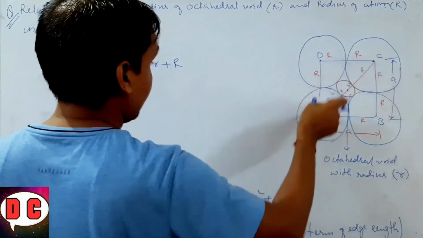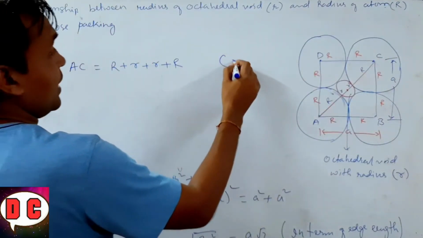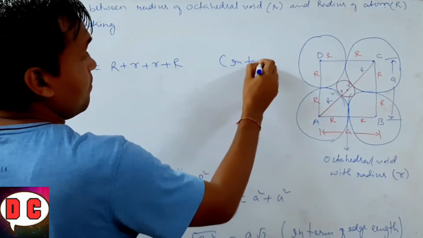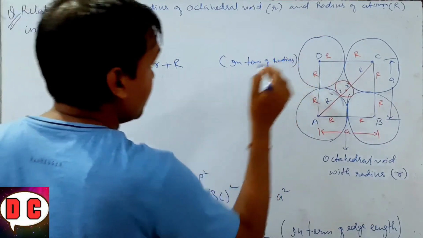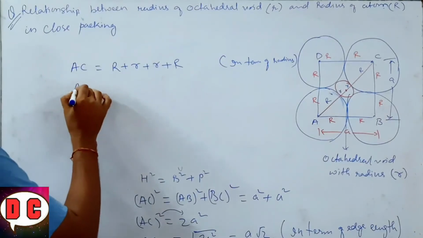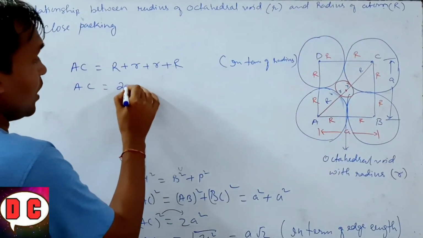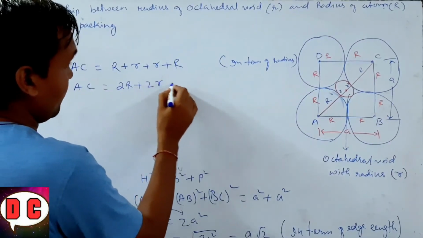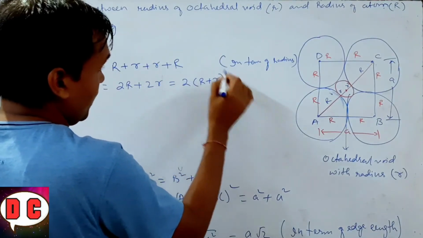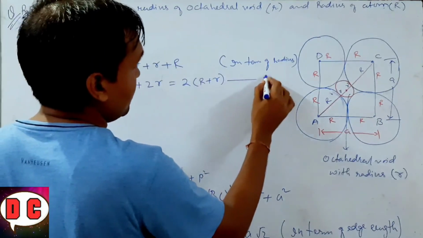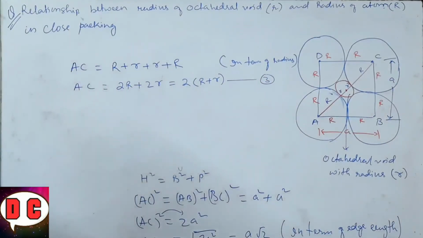This is the AC value, in terms of radius. I hope you are not getting confused. So AC equals 2r plus 2R, which is equal to 2 times capital R plus small r. This is equation number 3. This is the value of AC.